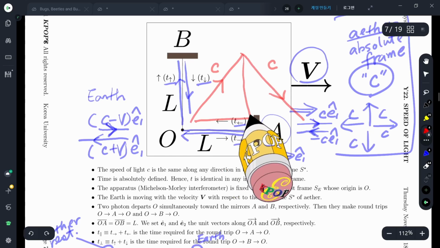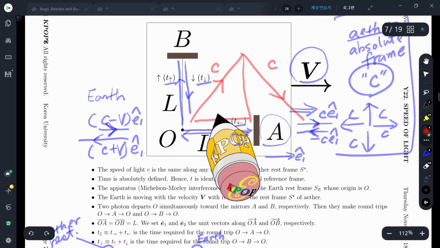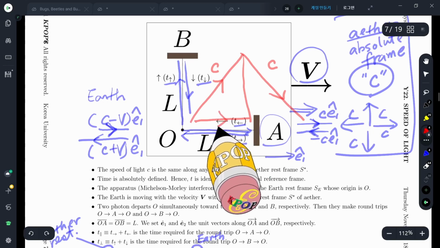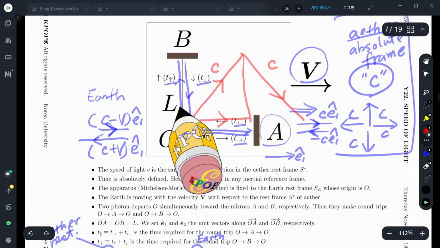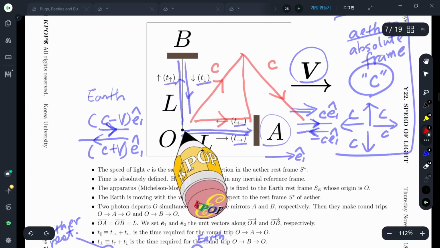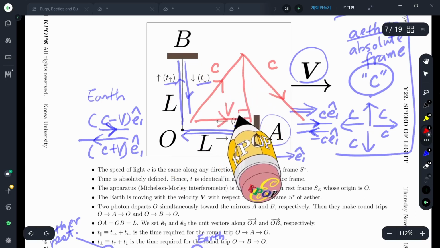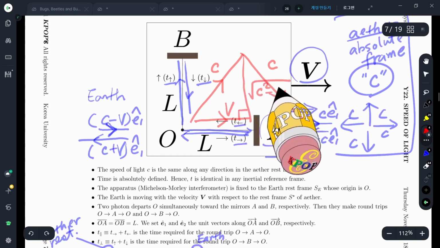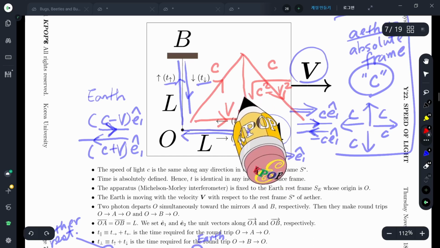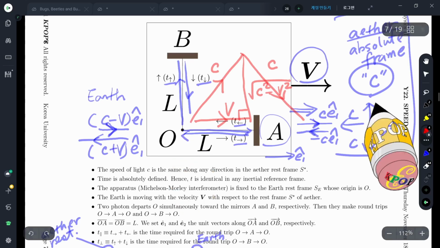If we consider the velocity only, the speed of light is this in the ether rest frame, Earth velocity is this, then what we obtain in the transverse direction is the velocity measured in the Earth rest frame. So this is a capital V. So this is a right triangle. We would obtain the square root of c squared minus V squared as the speed of light in the Earth rest frame when we measure the wave traveling along the transverse direction.